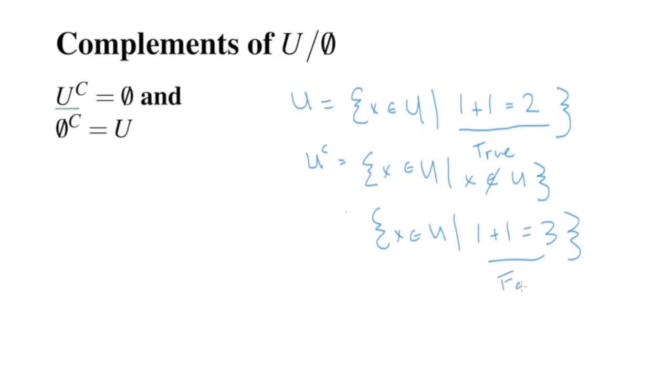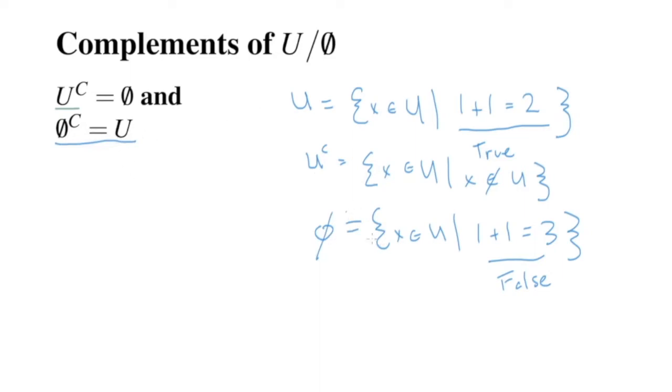So everything we test fails, because the condition is always false. So nothing goes in this set. So it is the empty set. And then the second part of the rule is that the complement of the empty set is just the universe.